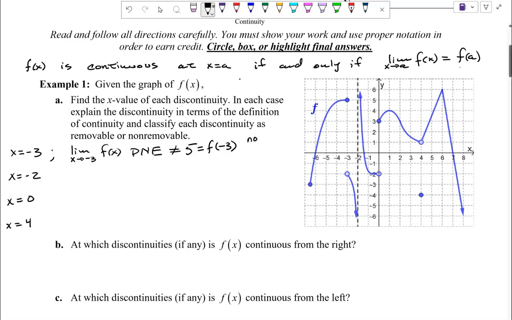This is a non-removable discontinuity. Now, looking at x equals -2, we notice that again, the limit as x approaches -2 of f of x does not exist. And also, the function is not defined at -2. This is also a non-removable discontinuity.